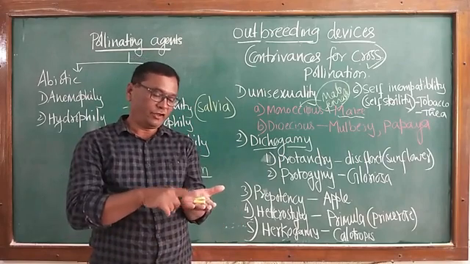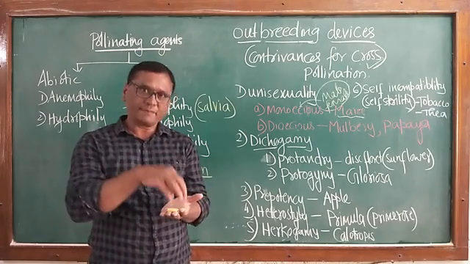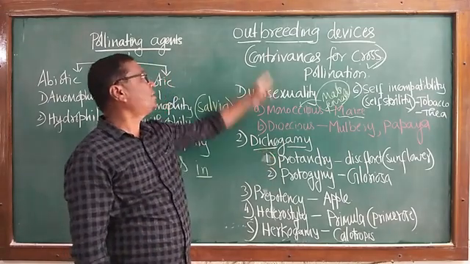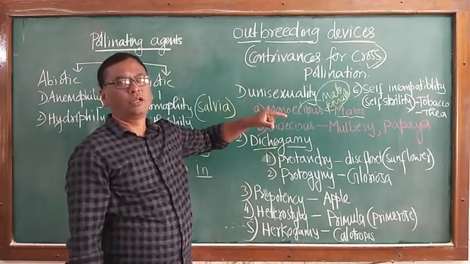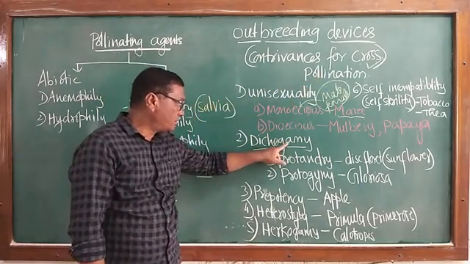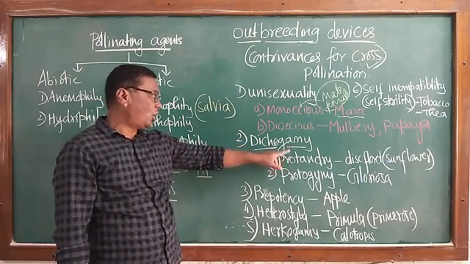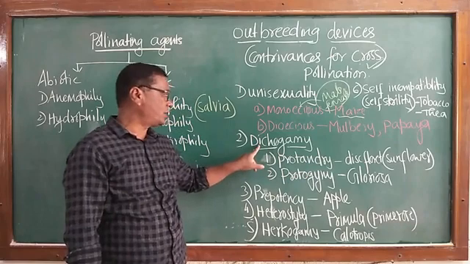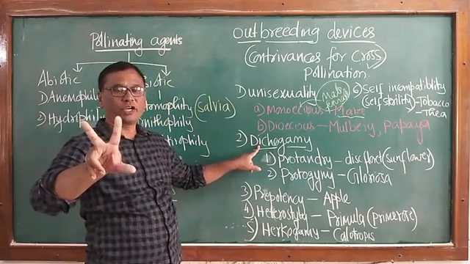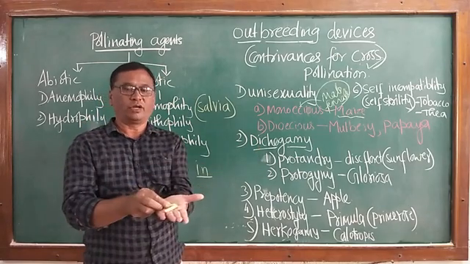Now, when male and female are in the same flower, pollination should take place in the same flower. But here, dichogamy is an outbreeding device explaining cross-pollination. It means the maturation period of androecium and gynoecium is different. Two different maturation periods are present within a flower.